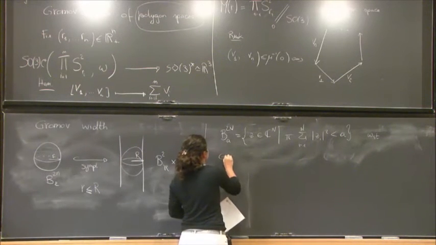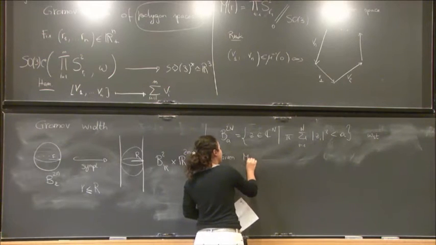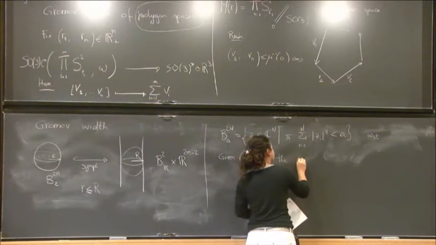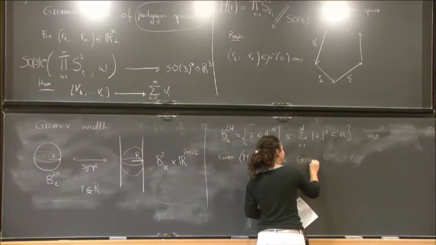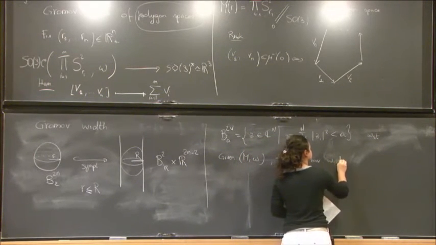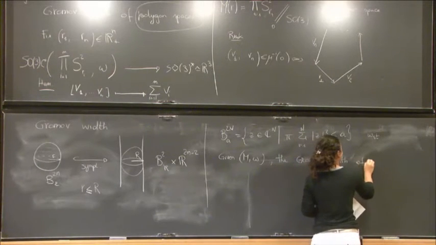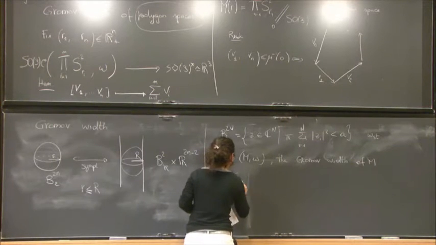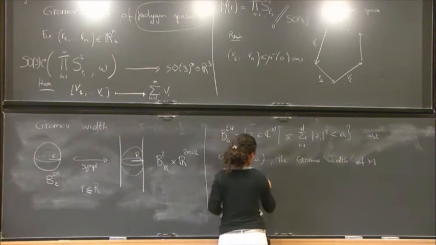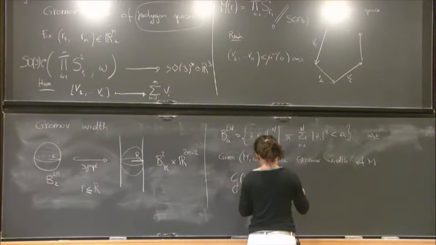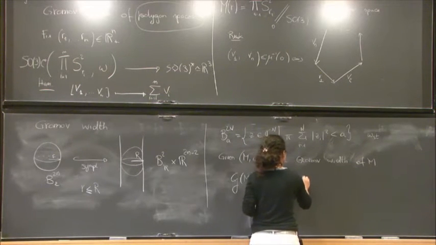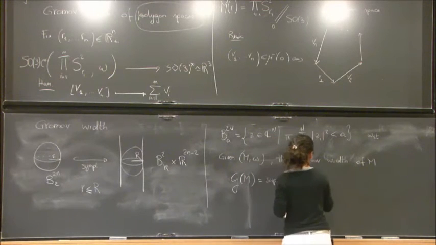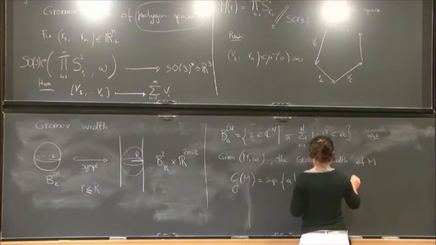Then, given any symplectic manifold (M, ω), the Gromov width of M is defined to be this: G(M) is the supremum of the A such that the ball of capacity A can be symplectically embedded in M.